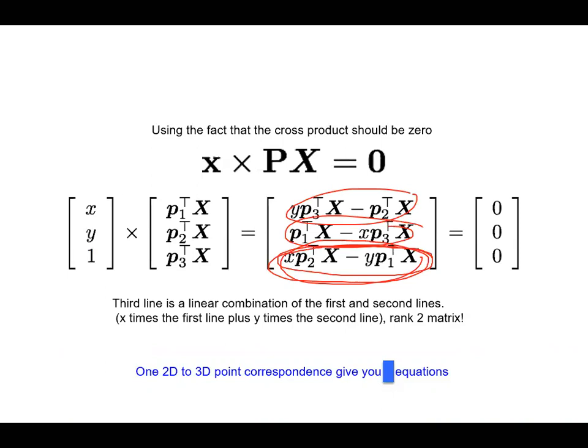Meaning that now I have only two important pieces of information from that matrix. If you have 3 rows, you should get 3 equations, but one of them actually depends on the other, so what I am really getting is just 2 equations. So the rank of the matrix will drop from 3 to 2.